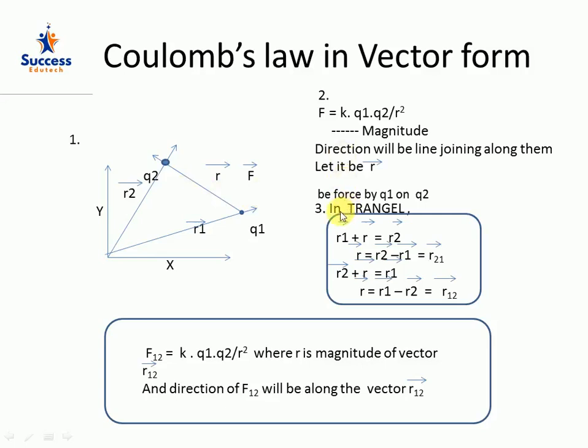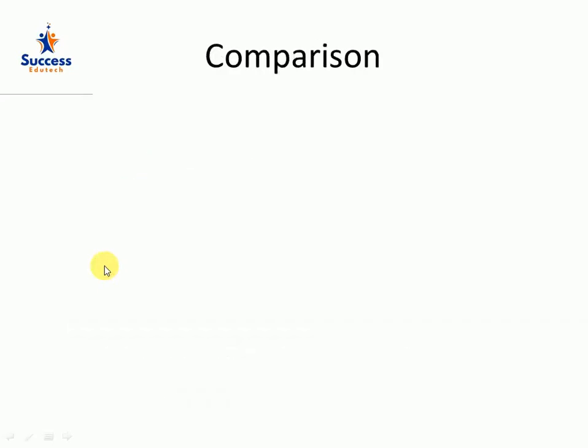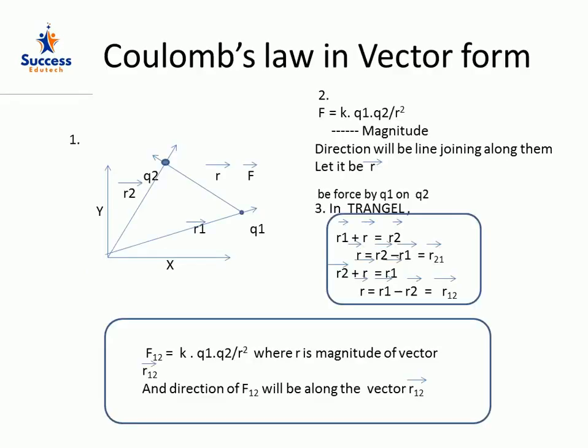Okay, now consider this triangle. This is the first line, this is the second line, and this is the third line. Now if we want to reach Q2, we have to travel in two ways.